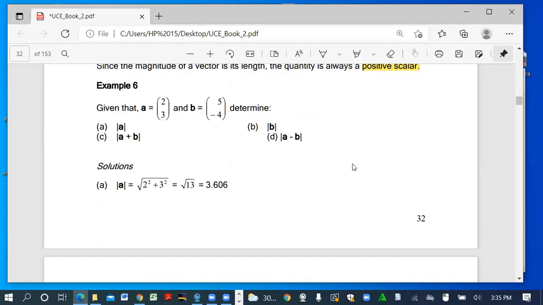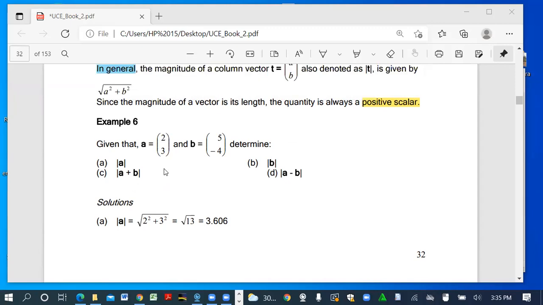So with example 6, they're telling you that given A is this and B is this, determine the magnitude of A and also determine A plus B. Determine the magnitude of A. Simple, isn't it? I will show you the answer.